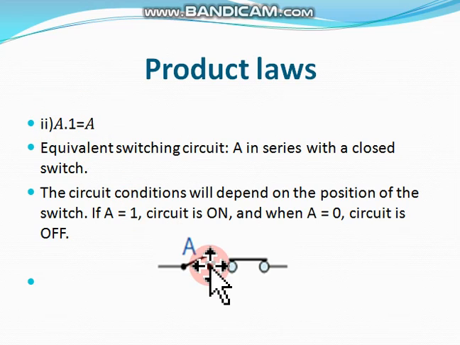So whatever value A may be, if the switch is closed, the bulb will go on. If the switch is open, the bulb will go off. The circuit conditions depend on the position of the switch. If A is 1, the circuit is on, and when A is 0, the circuit will be off.